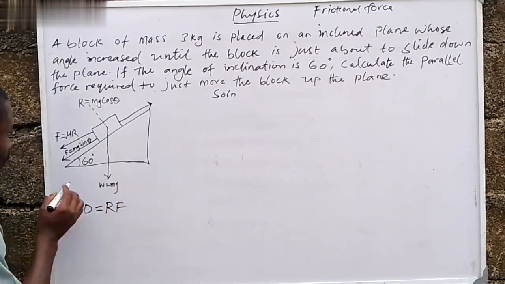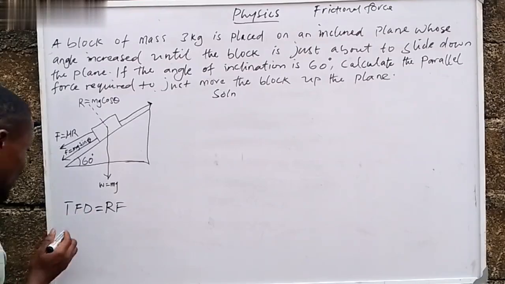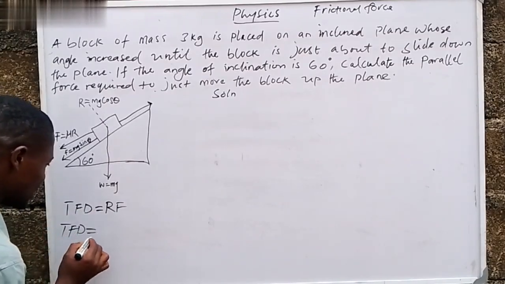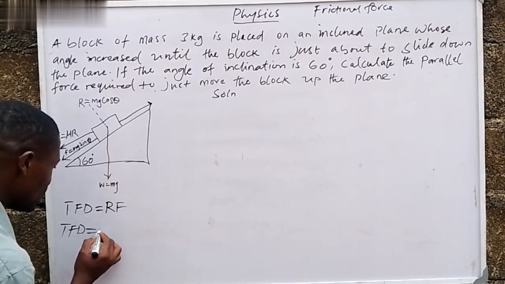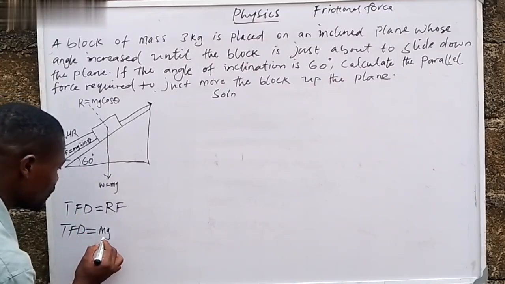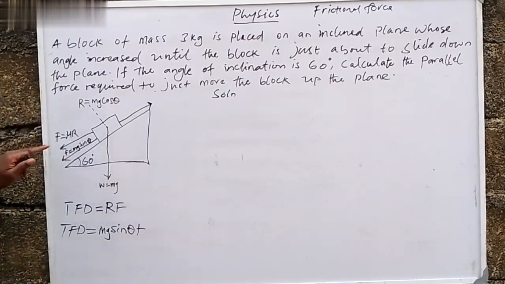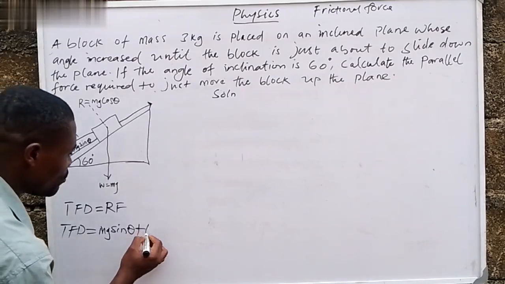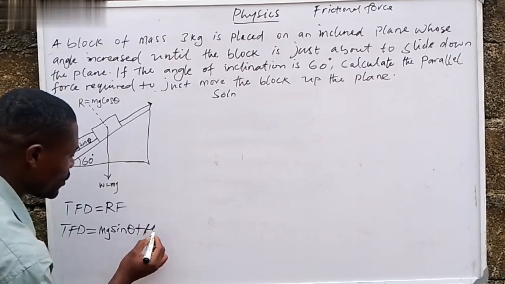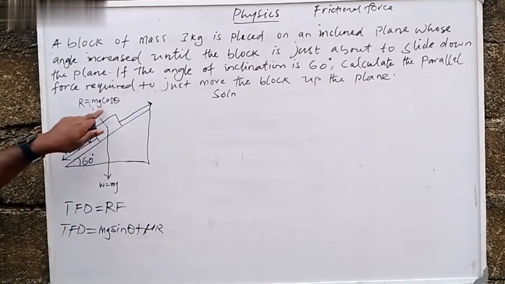To determine TFD, which is total force acting downward, we now know that there are two forces acting downward: the component of weight, mg sine theta, plus frictional force, which is equal to mu R. Now, R itself is equal to mg cos theta.